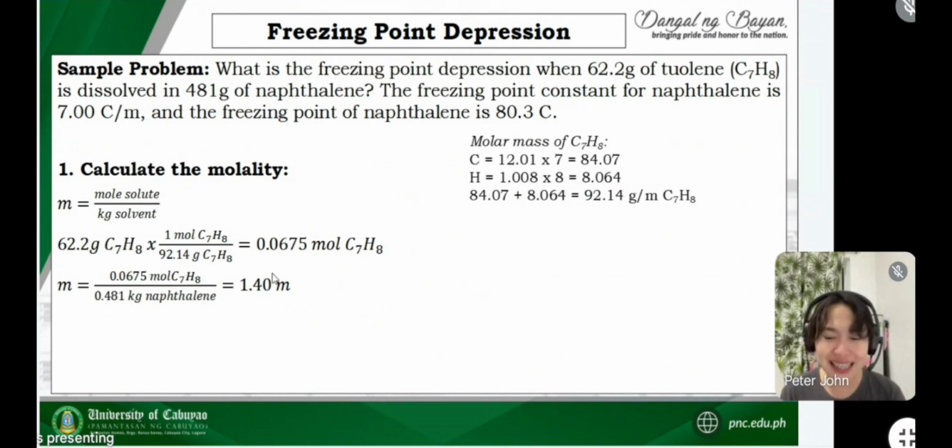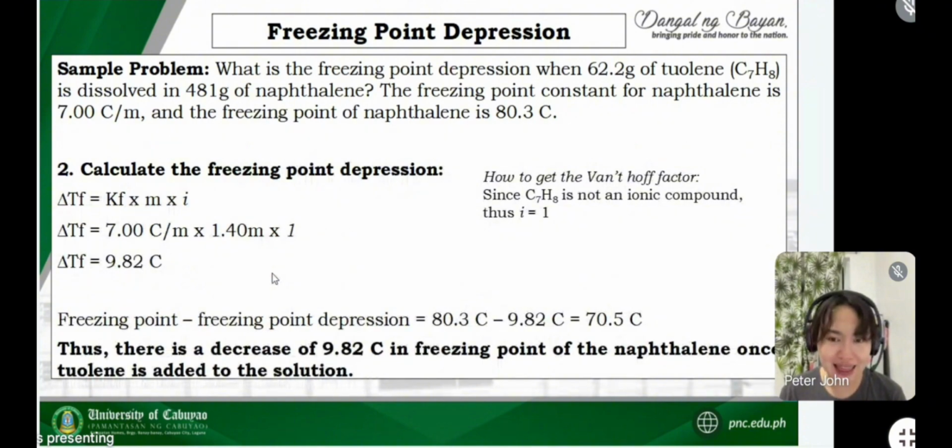So, okay na tayo? Once we are finished with that, all we need to do is to substitute to the formula. So, analyze natin mabuti. Yung 7 degrees Celsius per molal is Kf, ito lang siya, given na ni naphthalene. Constant nga lagi.